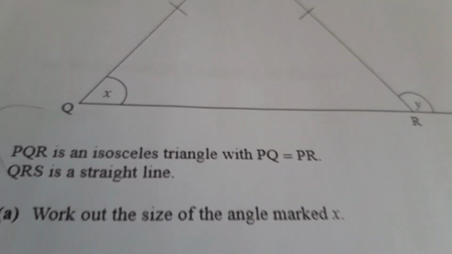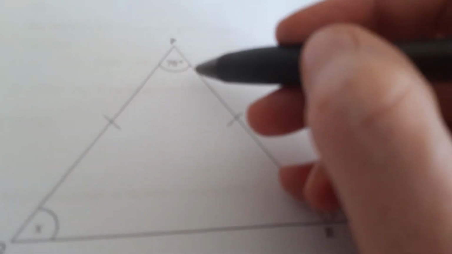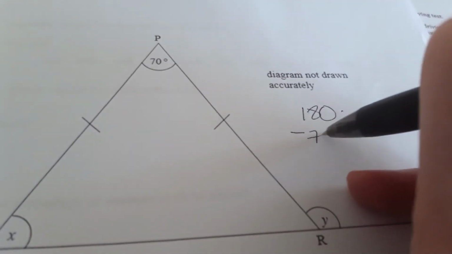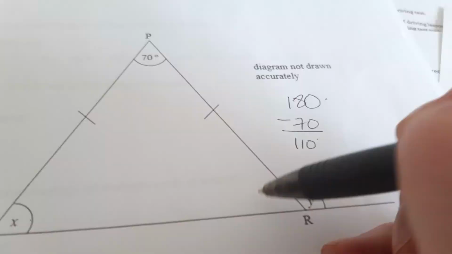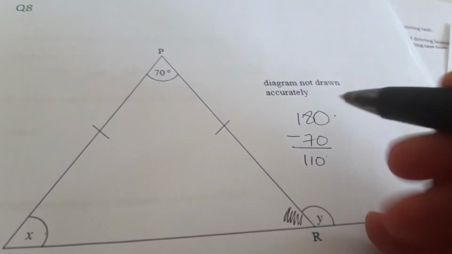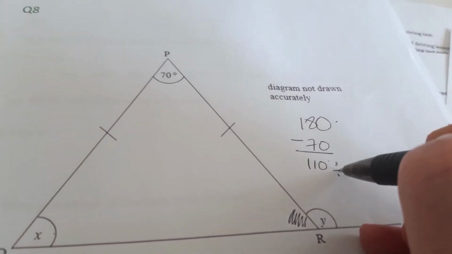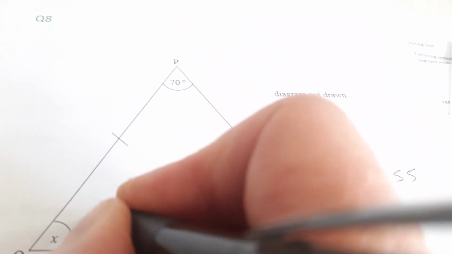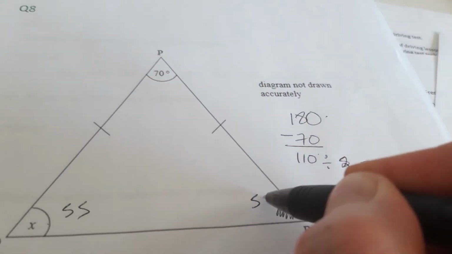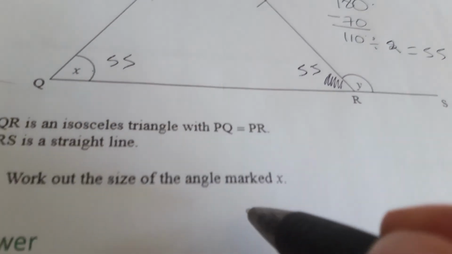Work out the size of angle marked X. So your triangle adds up to 180. Take away the 70 at the top, leaves 110. This one and this one I'm shading in are both then 55. So X is 55 is the first answer.